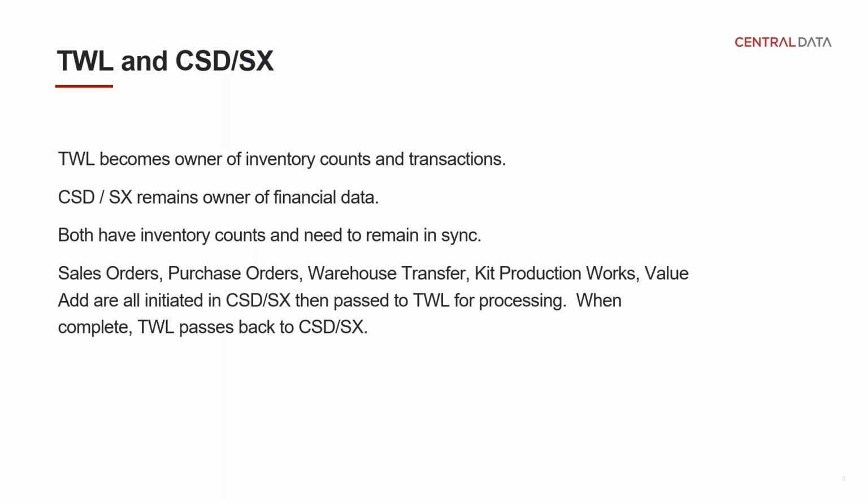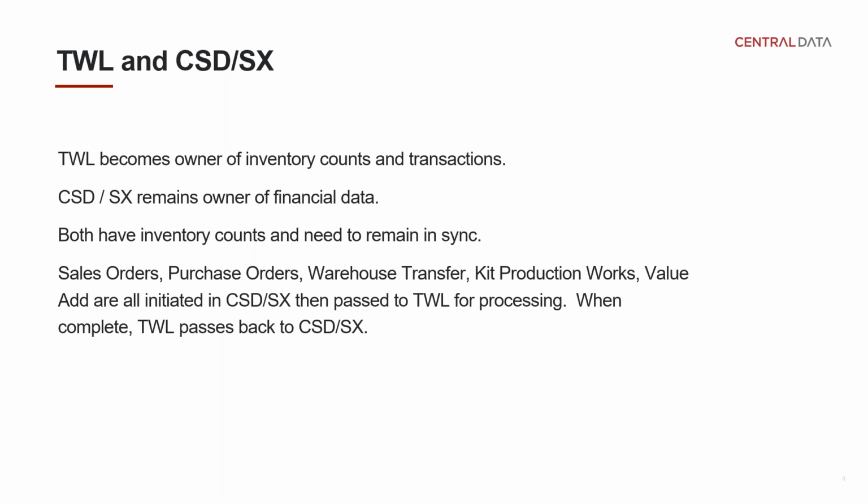So, and also everything is still initiated in CSD. Sales orders are created there, purchase orders, transfers, your kit production, value add are all initiated still in the CSD side. Then they're passed over to TWL for processing. So once CSD hands them off, TWL kind of owns that warehouse transfer. And then when it's shipped out, then it tells SX that, hey, this warehouse transfer is now shipped.